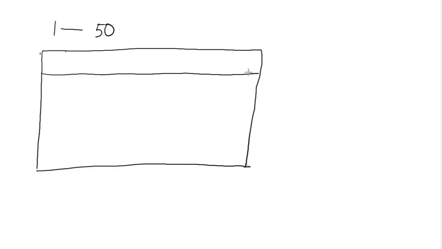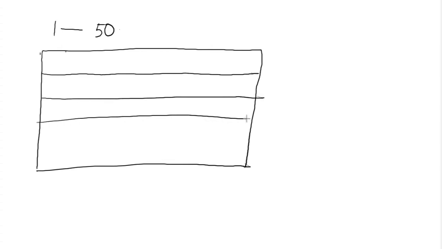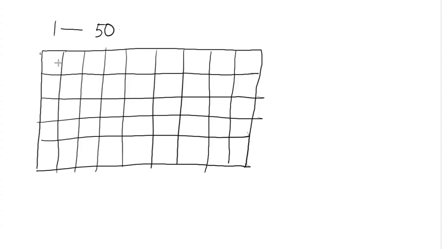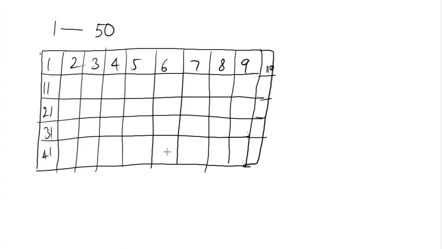This is just for the understanding purpose, but let's say this is written as 10 cross 5: 1, 2, 3, 4, 5, 6, 7, 8, 9, and 10, and then 11, 21, 31, 41 until 50.